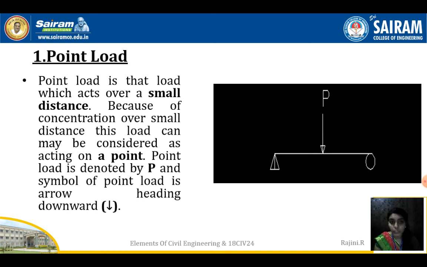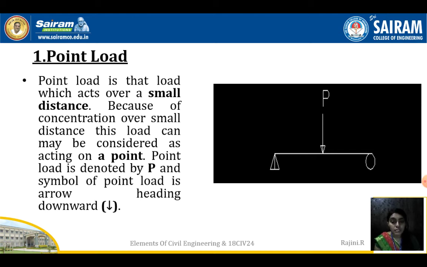First one, point load. You can see this type of load in all the beams, right? You have seen this type of load. It will look like an arrow headed downwards. The point load is that load which acts over a small distance.